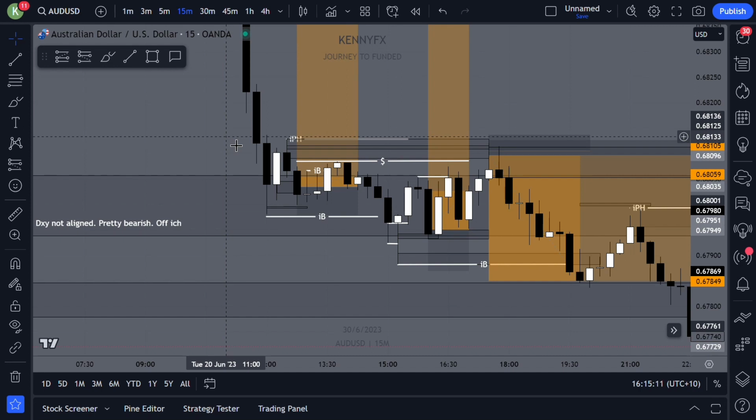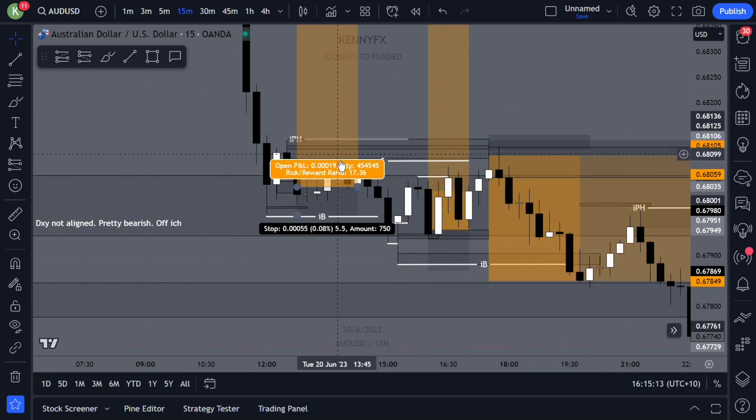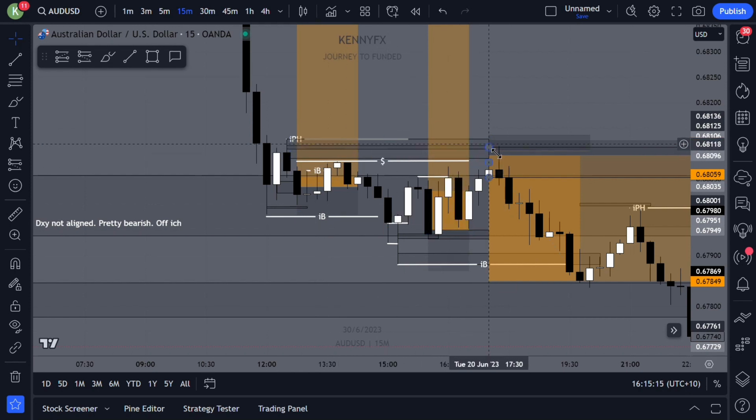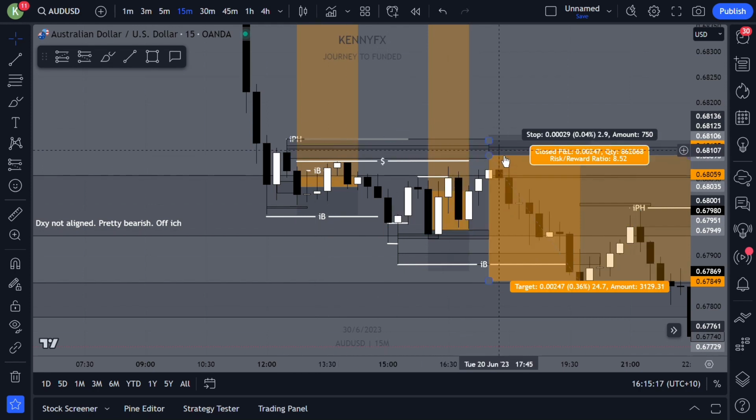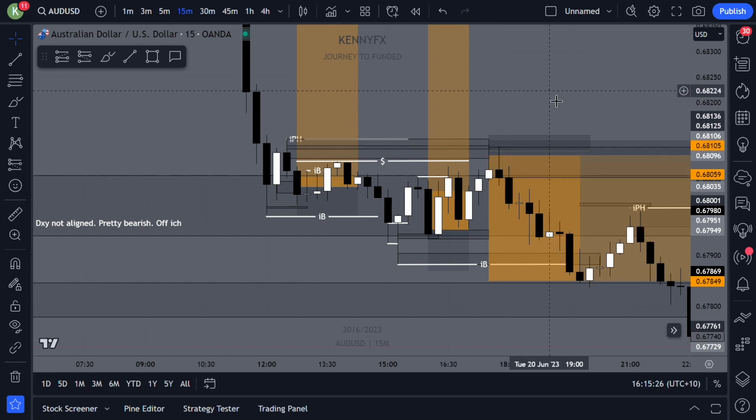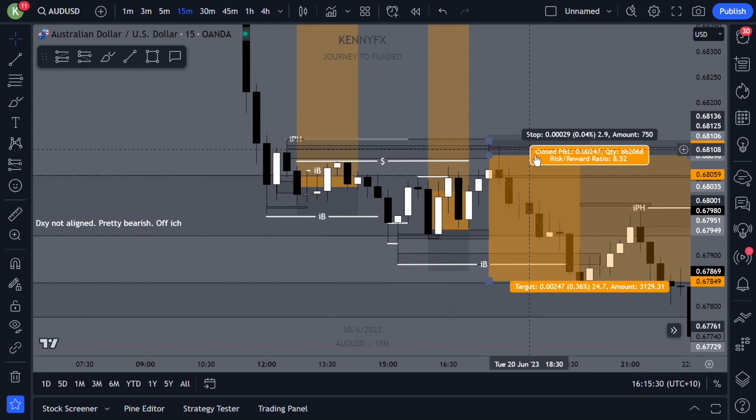So not only does the stop loss protect the order block, so as you can see, our order block was in here in our refinement, but our stop loss actually covered all of it. It covered the order block, and it covered the internal protected high, and it was only a 3 pip stop loss. So when you're getting it like that, it really is nice.